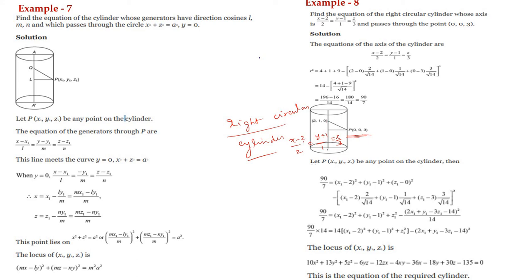From here we can easily see that (2, 1, 0) is a point on the axis, and the DRs of this are given as 2, 1, 3.